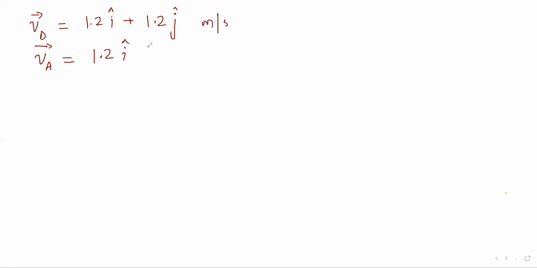Meter per second. And what was V_C? It was 0. And V_B was 2, given in the last class, right?